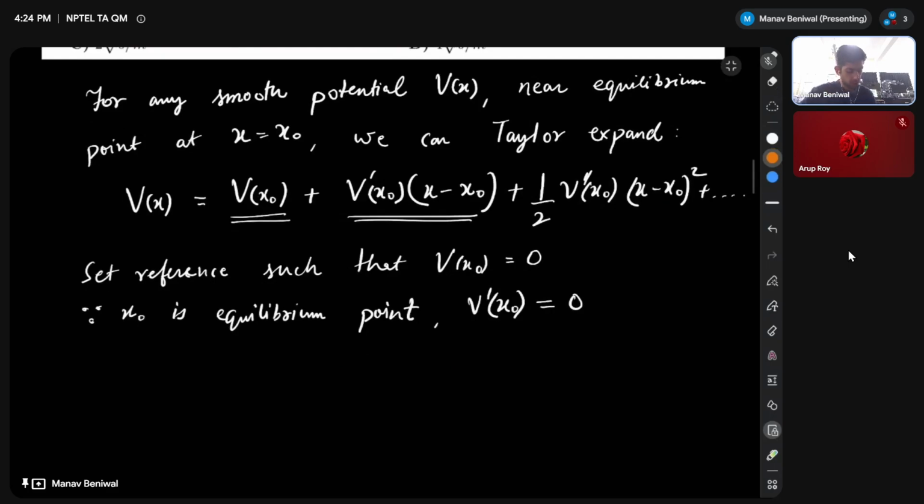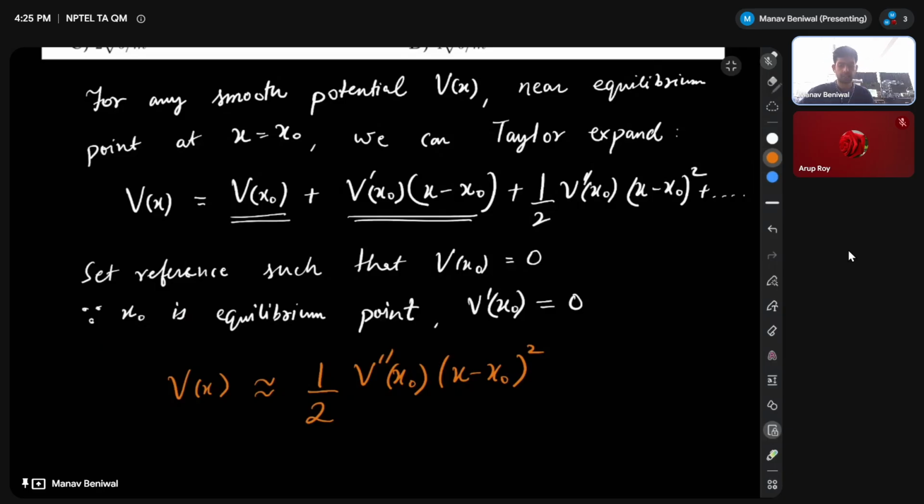What this allows us is to write V of x to be almost equal to half of V double prime x naught, which is the second derivative, times x minus x naught whole squared.